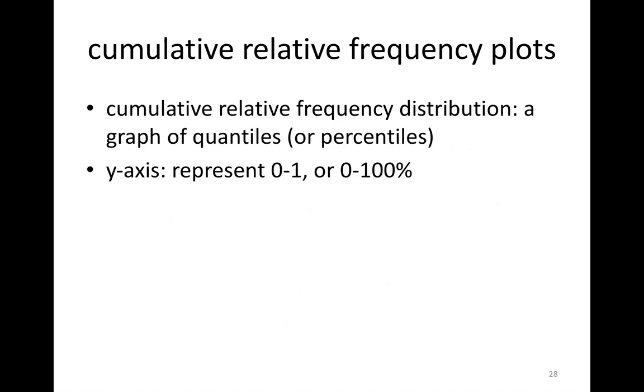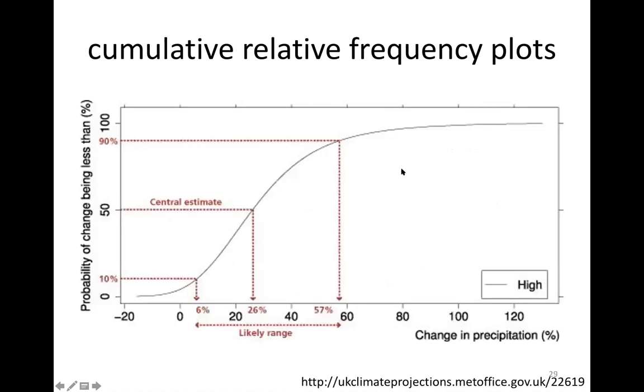Okay, so the cumulative relative frequency distributions, they describe a graph of quantiles or percentiles, not frequencies directly. And the y-axis might represent percentiles or quantiles that go from 0 to 1 or 0 to 100. Let's look here. Here we have percentiles that go from 0 to 100.